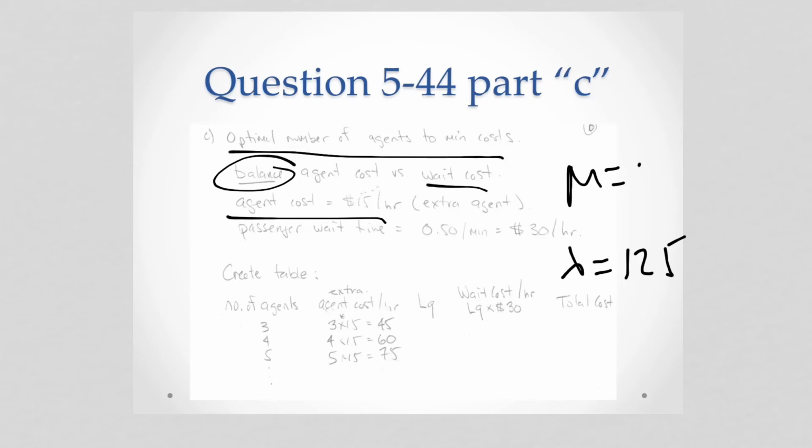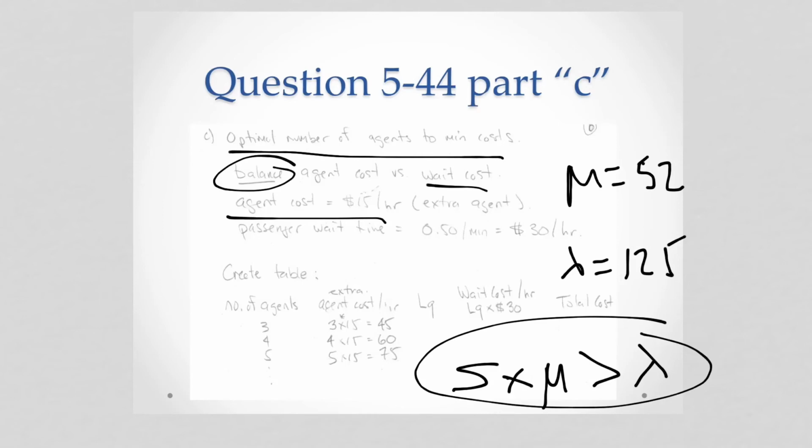It's given. We have to make sure that our lambda is less than the number of channels times mu. Why is that? Because if it wasn't the case, then we would have an infinite line.